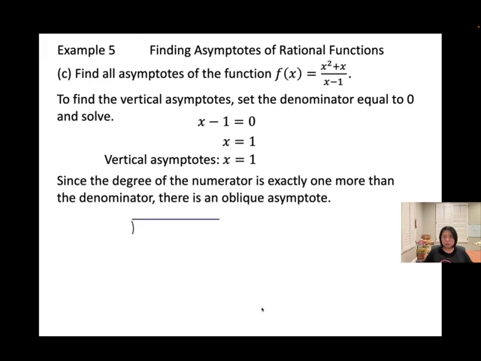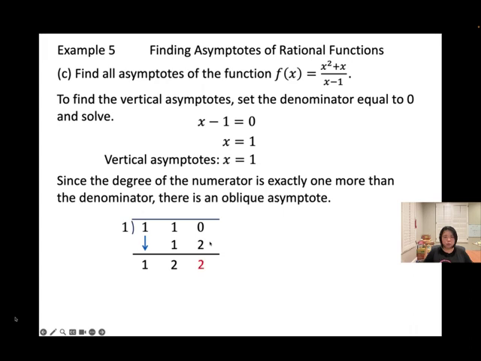Okay, numerator, we do have 1, 1, and 0. Numerator divided by the denominator, which is x, is going to be equal to 1 here. Okay, use the synthetic division. We bring down the 1 here, multiply it, add it up, multiply it.